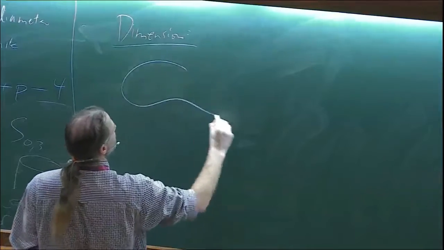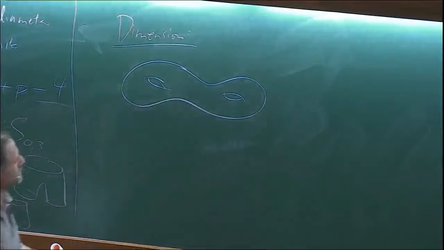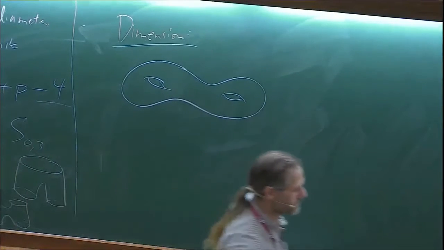My favorite surface to think about is the closed genus 2 surface, because it already has lots of interesting phenomena happening, but it's simple enough that you can get a handle on things.